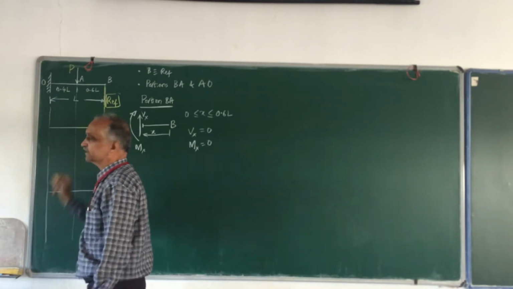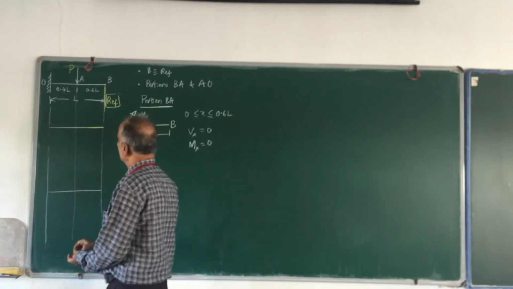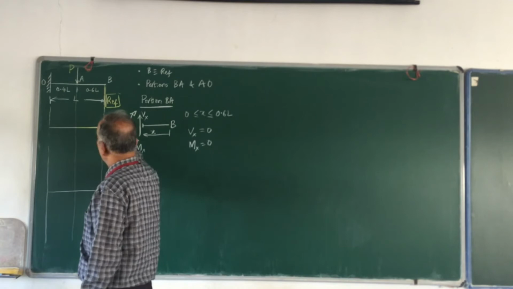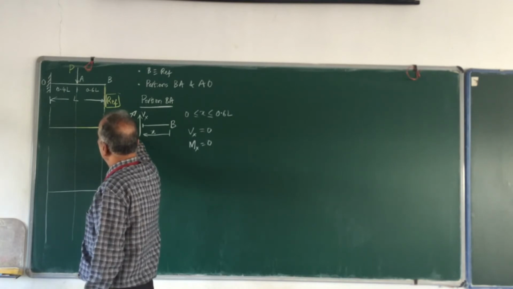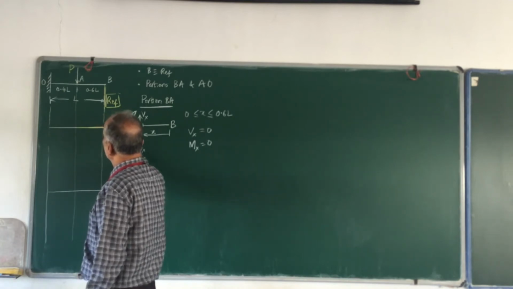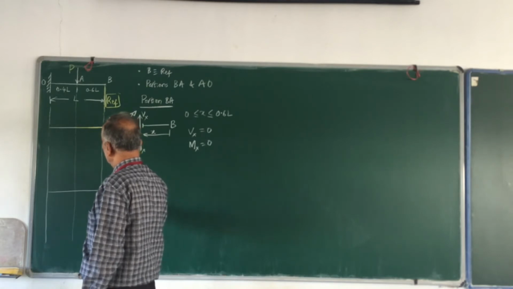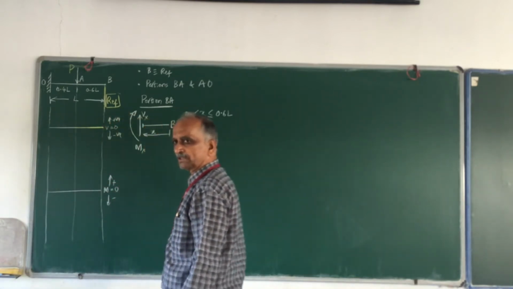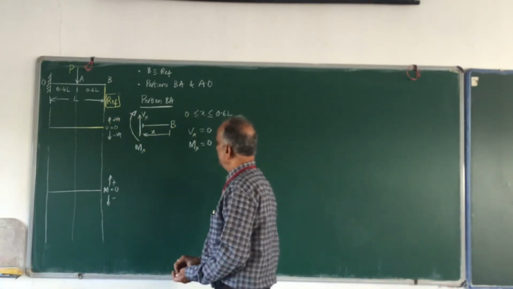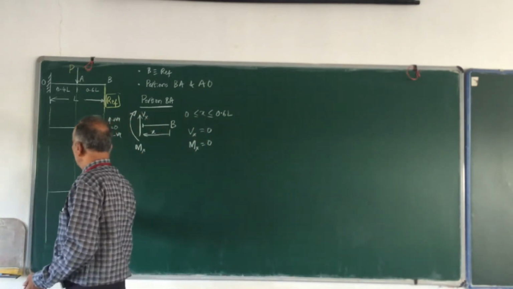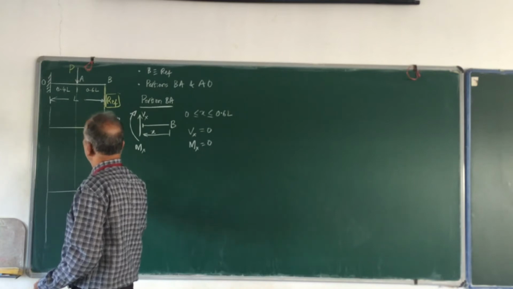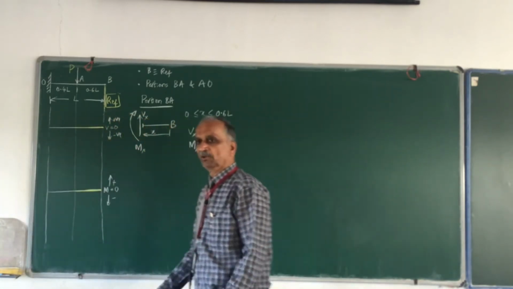This is the line. As we know, V is positive this side and negative this side. Similarly, M is 0 here, positive this side and negative this side. On the same lines, the bending moment is also 0, therefore I draw it as zero throughout the length of this BA portion.